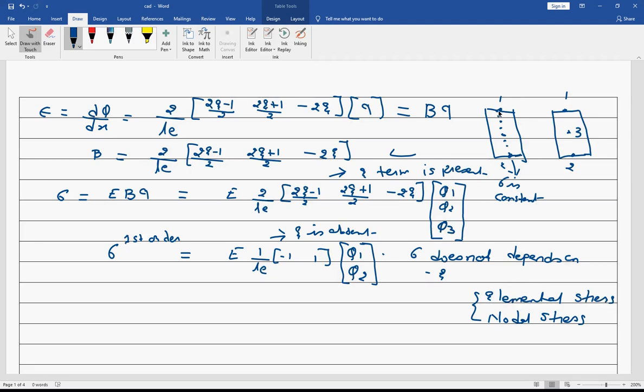So in first order element, since the stress is not going to vary within the element, we go with the elemental stresses. Of course, there is a way to find out nodal stresses at a location, but that will be the same. You can use some Gauss quadrature integration method to evaluate the nodal stresses, but that will be, of course, the same, and it is the incorrect way. So we are interested in elemental stresses, because in an element the stress is going to be constant in a first order element. It is not going to depend on xi.